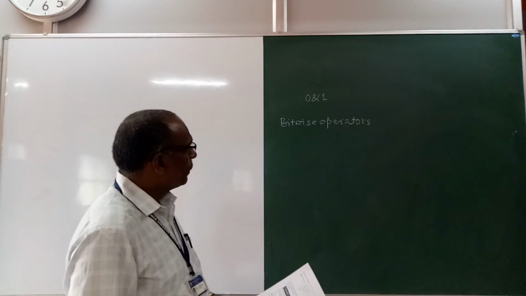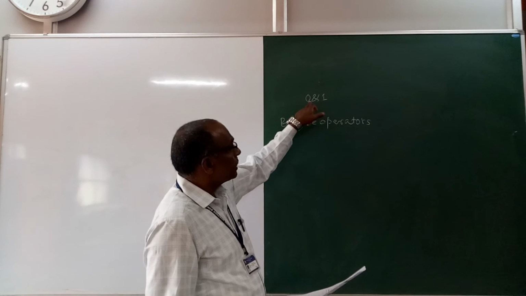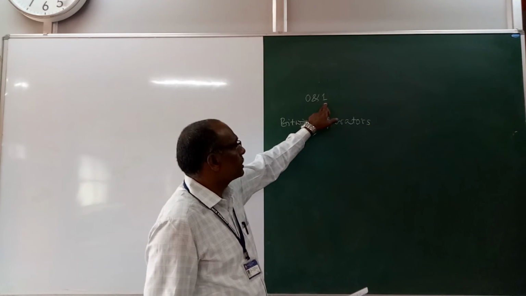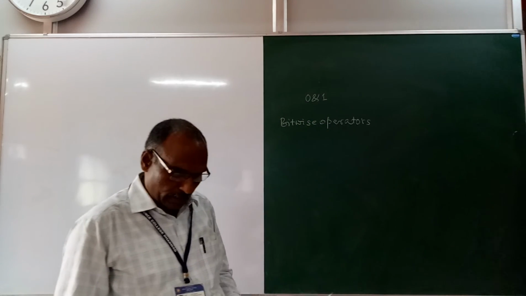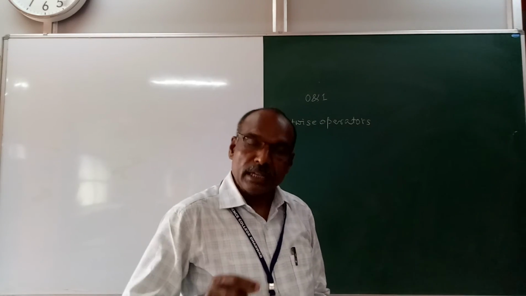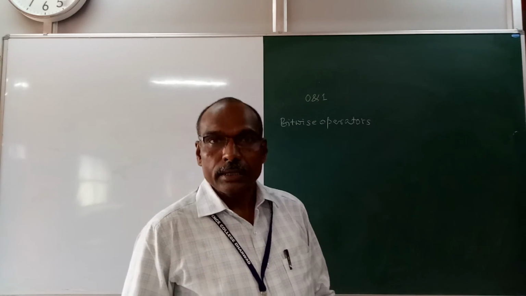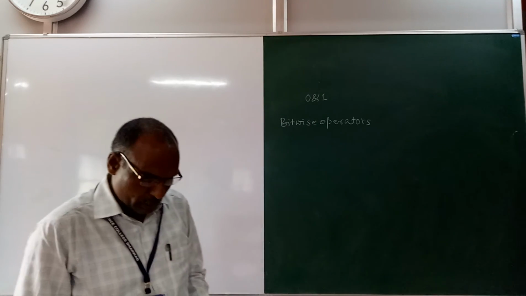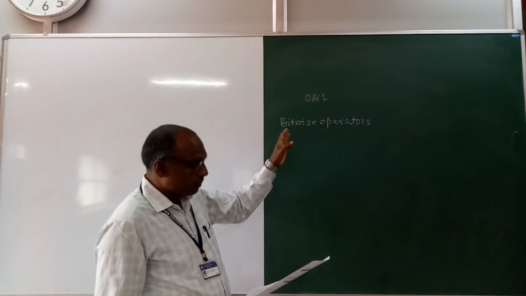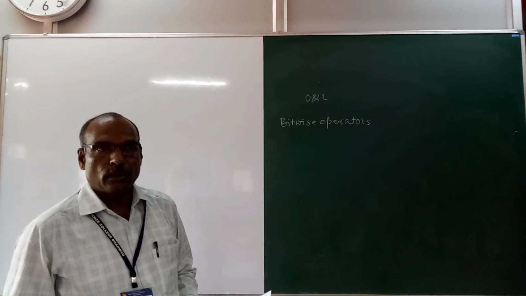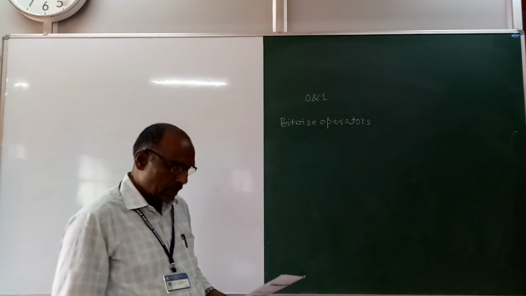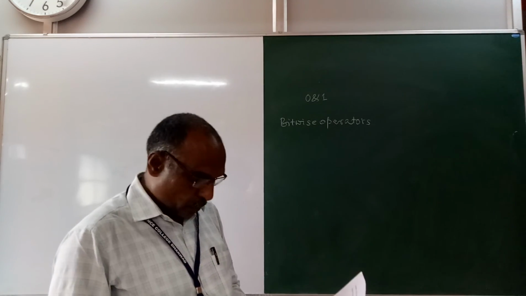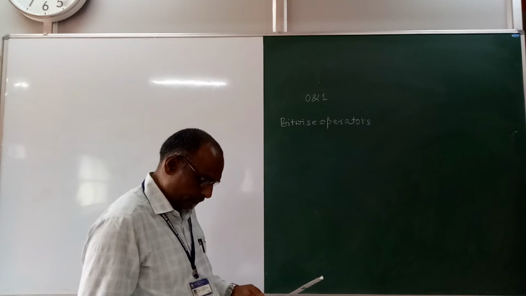Sometimes we have to manipulate this data stored as sequences of zeros and ones. To manipulate that data, we use either machine level language or assembly level language. To perform bitwise operations, C language provides 6 bitwise operators.